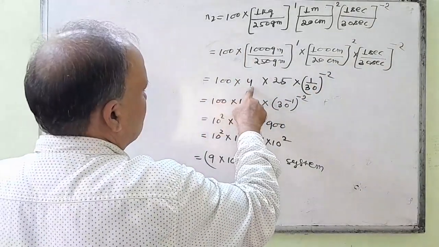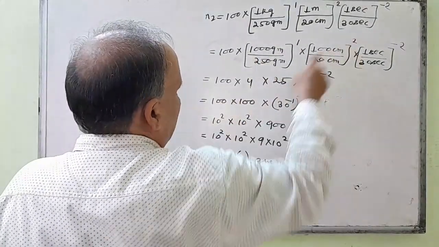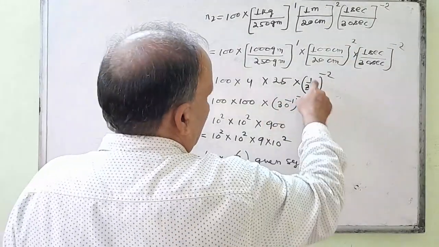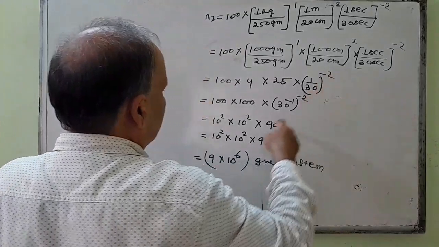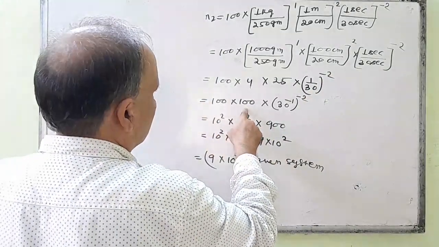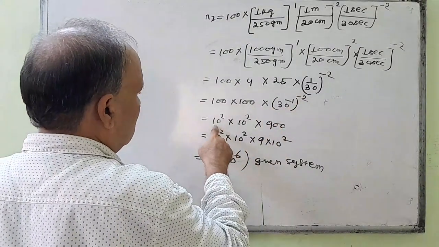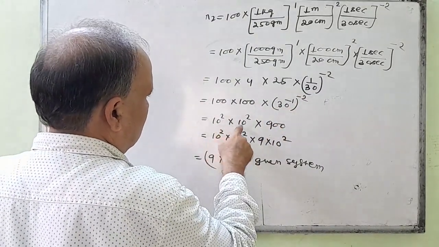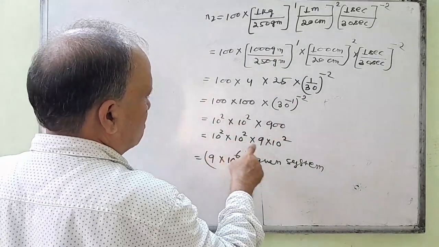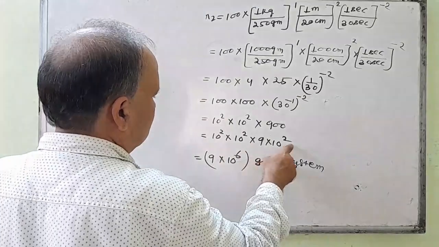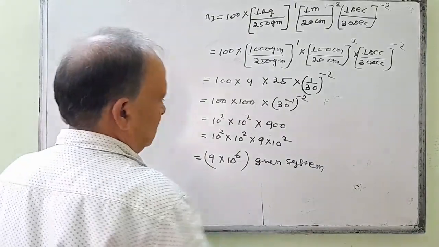Your 100 into 4, into 25, into 1 by 30 to the power minus 2, seconds cancel. 100 into 100 into 30 to the power minus 1 into minus 2, this is 10 to the power 2 into 10 to the power 2 into 900, that is 9 into 10 to the power 2, that is equal to 9 into 10 to the power 6 in the given system.